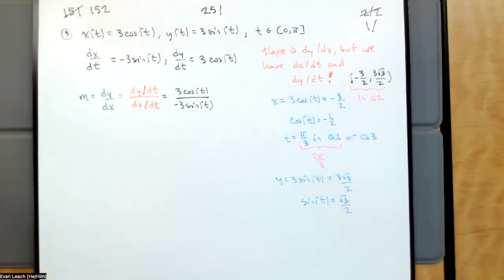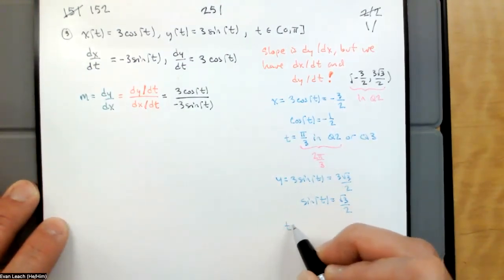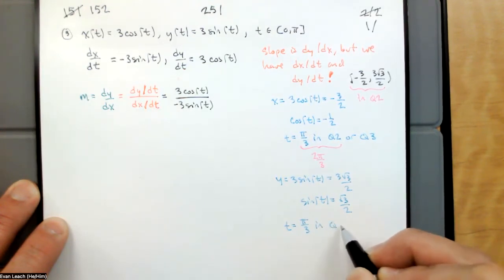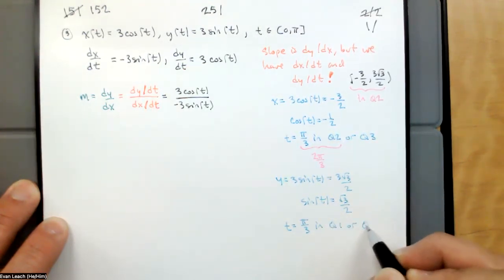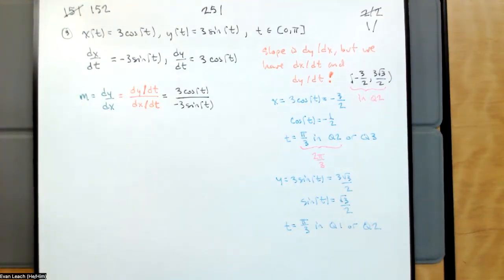Since the sine of t is a positive value, we're in quadrant 1 or quadrant 2, and it's still 60 degrees. So t is pi over 3 in quadrant 1 or quadrant 2. We already know this point is the one in quadrant 2, so that's going to be 2 pi over 3.